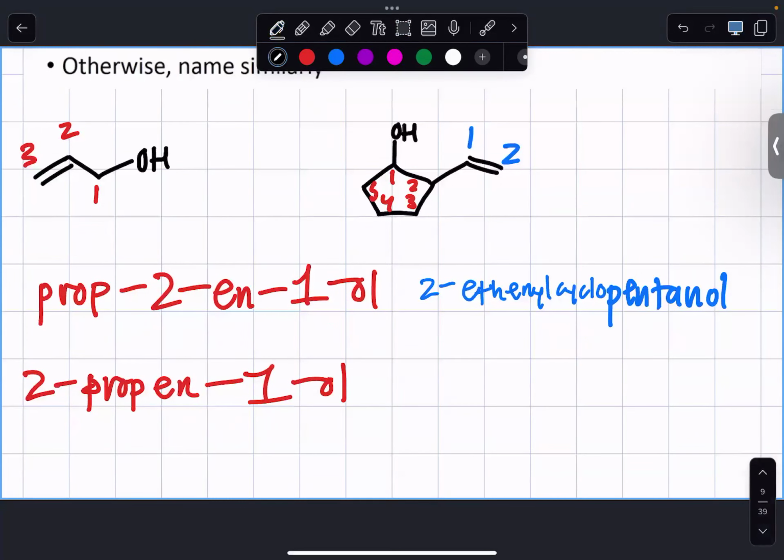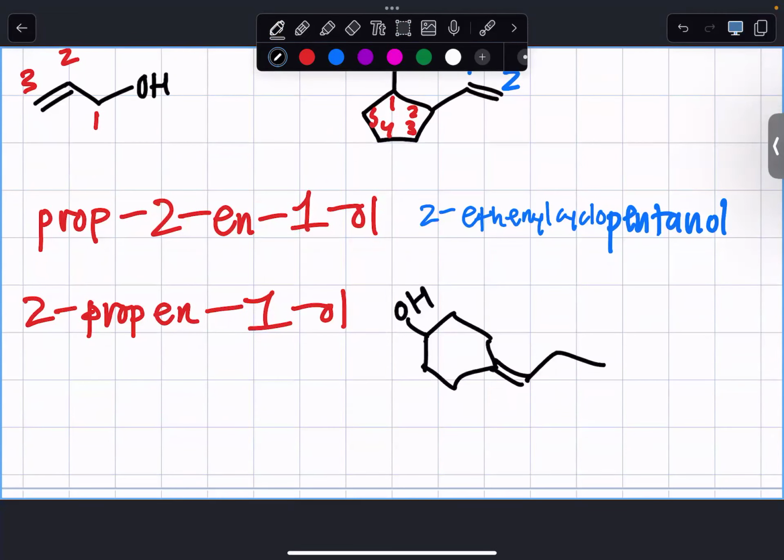Let's say we have something like this though. Okay, what would be the name of this here? Propylidene cyclohexanol. Yeah, that's right.